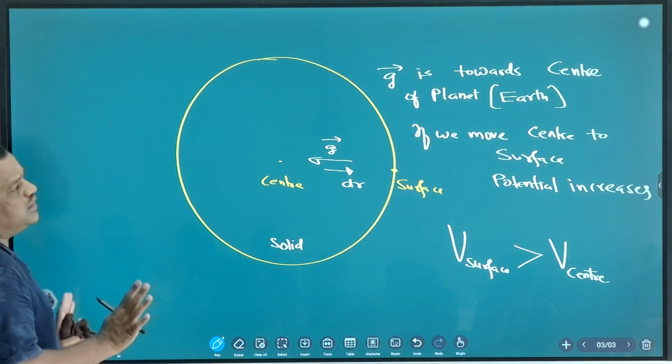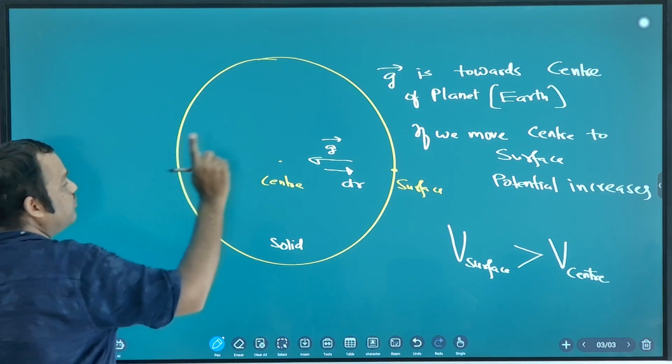First, remember this point: between center and surface, the surface has high potential.